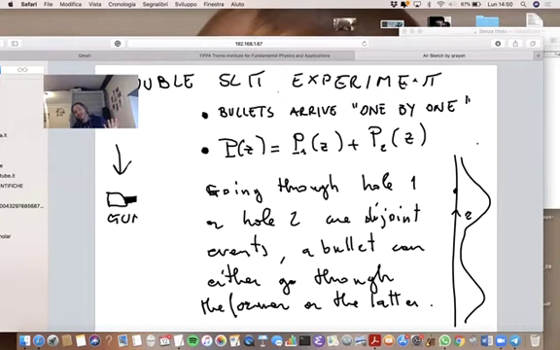Since the bullet has a certain probability to go through one or the other, but if it goes through one, it doesn't go through the other, the probability of going through either is just the sum of the two probabilities for disjoint events, and the total probability is this.